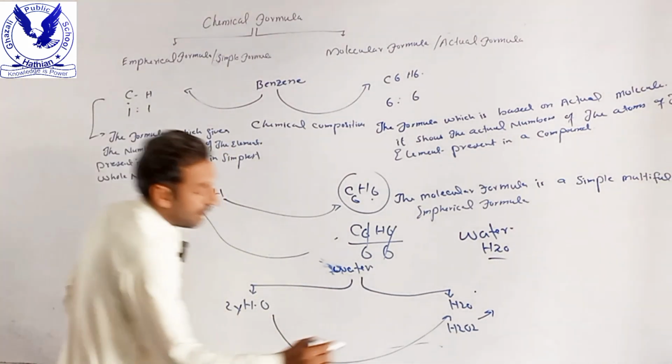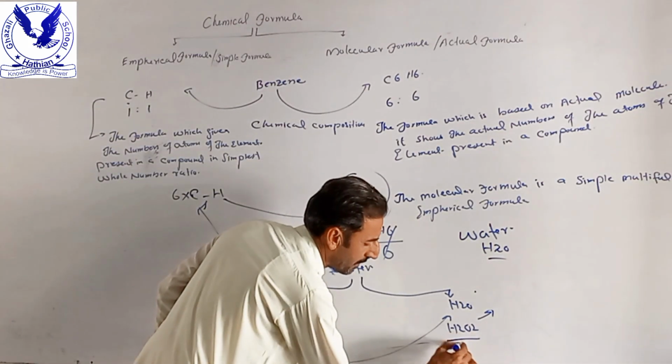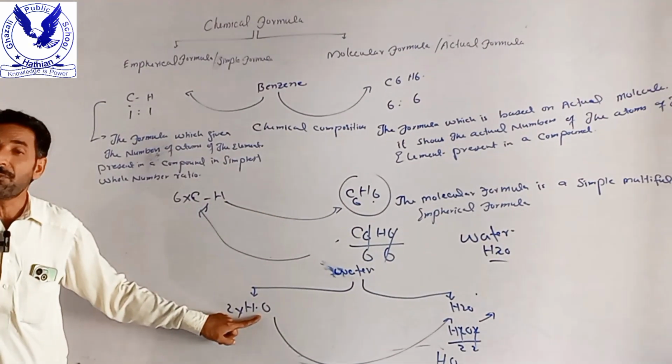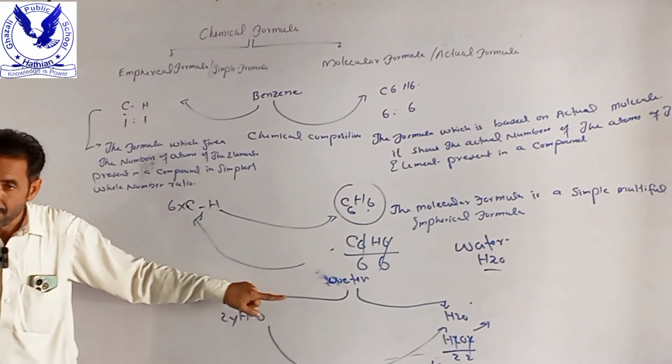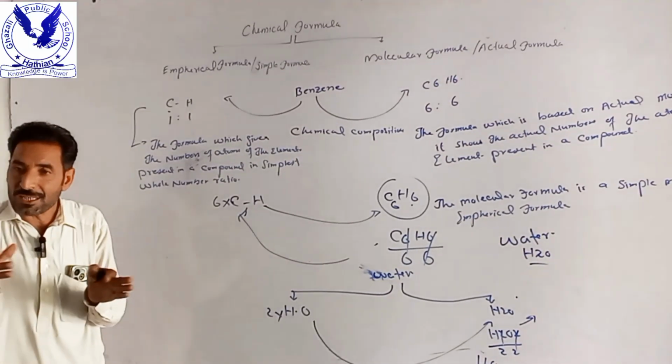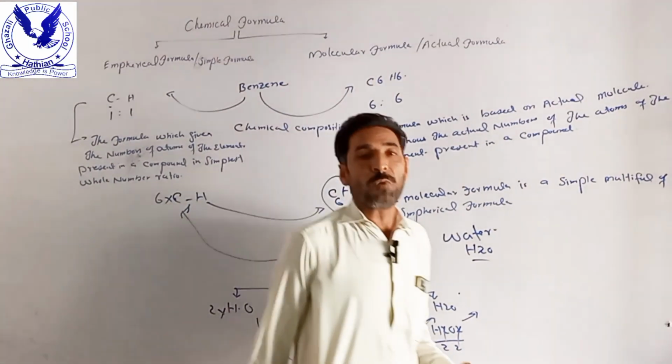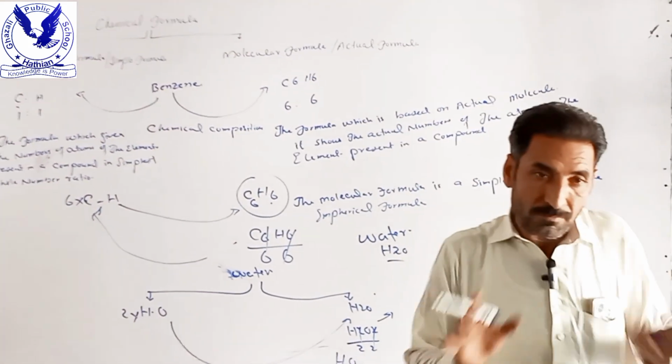Now, if I divide this formula by 2, it gives HO, but that is not the empirical formula of water. So there is no exact relationship between the two formulas, so we write two identical formulas for water.